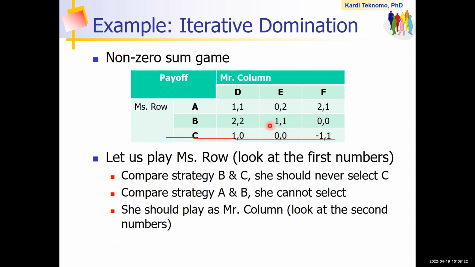If you compare E and F, 2 is larger than 1, 1 is larger than 0, but 0 is not larger than 1. Right? How about T and E? 1 is less than 2, so this is not dominated. How about T and F? 1 and 1 is the same, 2 and 0 is larger, and then 0, so we cannot compare. Right?